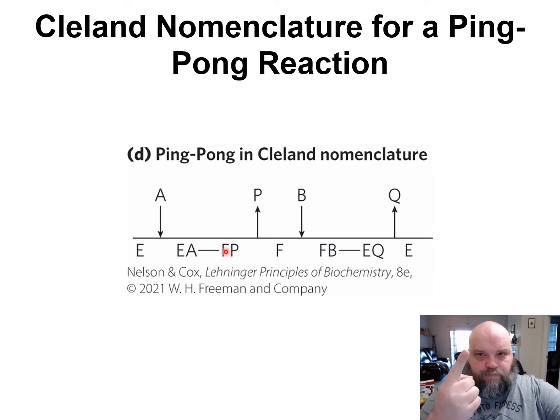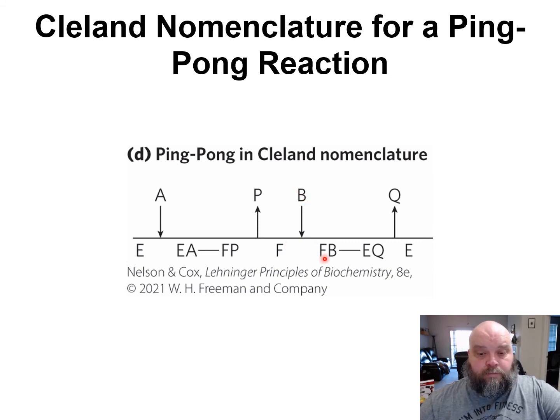It picks up an electron from a redox reaction, some form of a functional group or something to be added on to somebody else. P is now released. It's been oxidized, or it's had a methyl group removed, or whatever. The enzyme is now F, with a little something extra waiting in its active site.